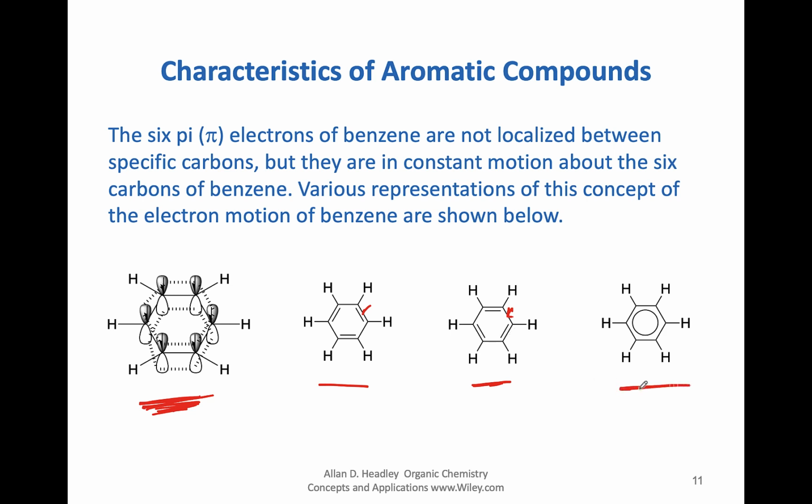Lastly, most chemists tend to prefer this representation: 6 carbons in a ring, using a circle in the middle to represent these 6 electrons moving in rapid succession around the ring. So whichever one you use, this one or this one, it is correct. Or I should say, it's an acceptable representation of benzene.